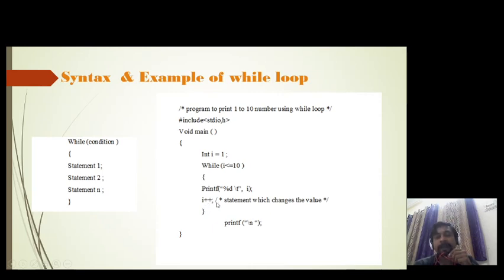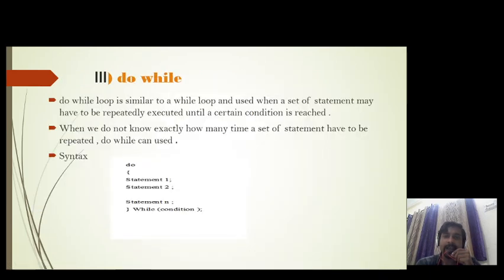If we compare our for loop with the while loop, here i = 1 is our initialization, while i <= 10 is our termination condition, and i++ is our increment or decrement operator, which is our updation part. If this condition is true, then I print the value. In this way we can print the numbers from 1 to 10 using the while loop.